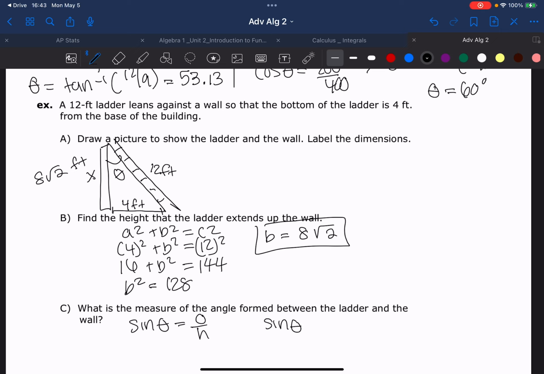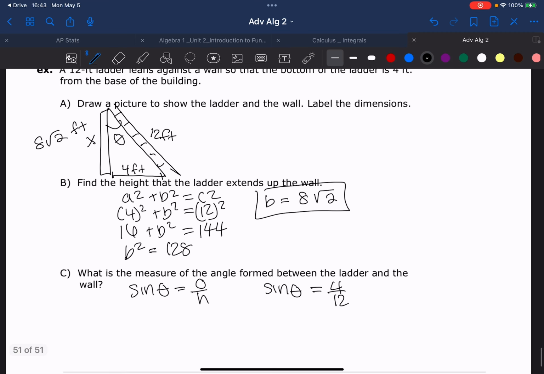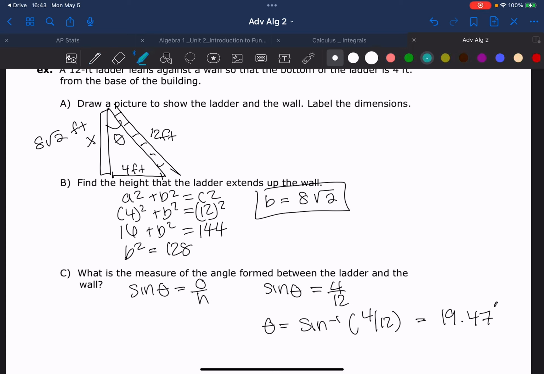So sine of theta is equal to 4 divided by 12. In order to find that angle for theta, we take the inverse of sine, so theta is equal to the inverse of sine of 4/12, which is equal to 19.47 degrees. Okay, and these are my answers.